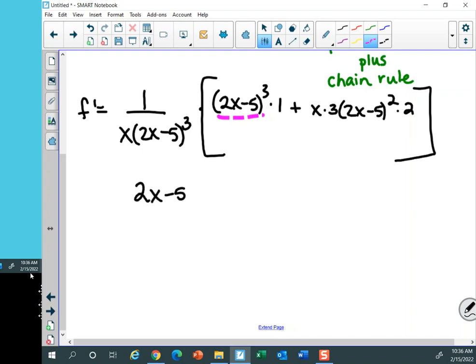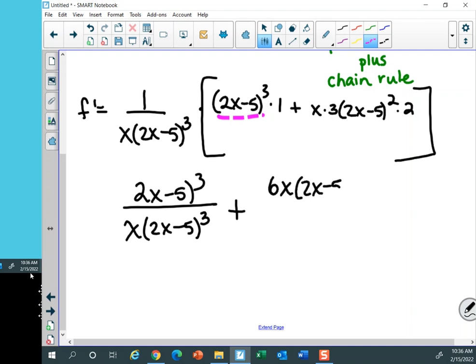So I could have this over this, and then all of this stuff. I can feel you guys pulling away from me, like, what in the world does she think she's doing? That's what that derivative would look like.